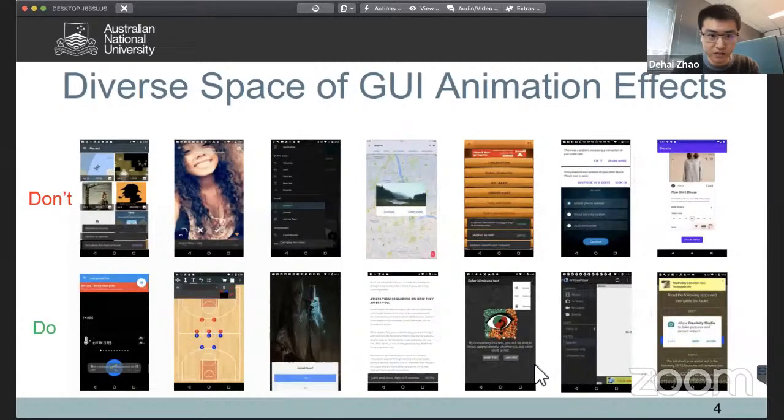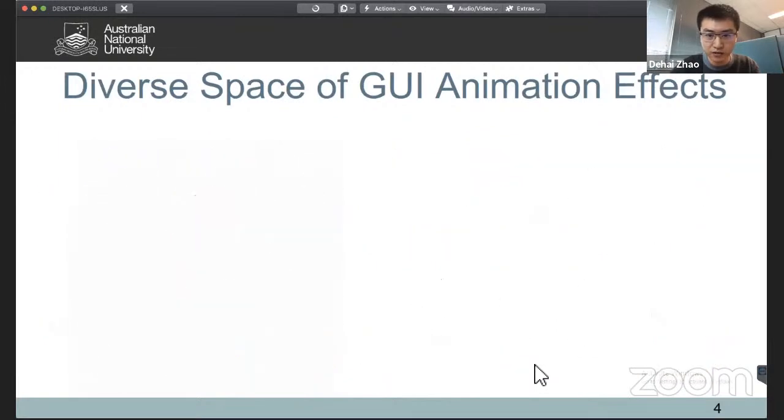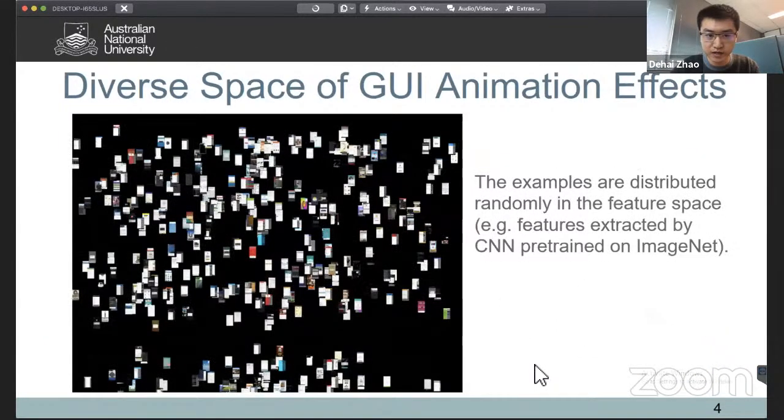Here are more examples, and if we just extract features using a CNN pre-trained on ImageNet, we can see the examples are distributed randomly in this feature space because the CNN only focuses on pixel-level features. But in this work, we have to consider the animation, foreground, background, and the combination of them.